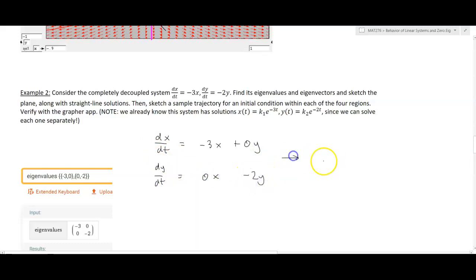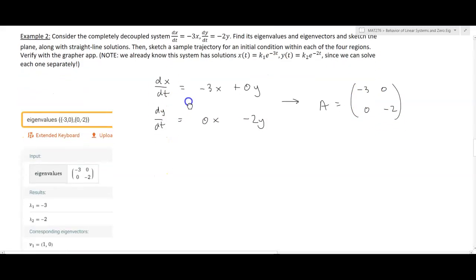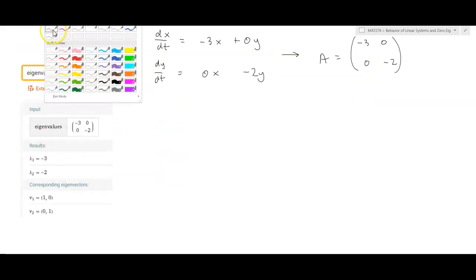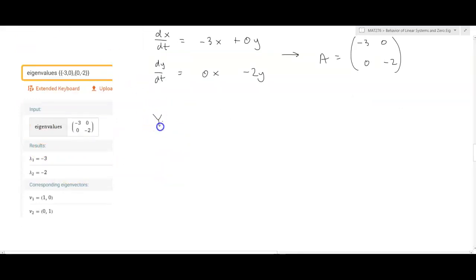And so our A matrix will be negative 3, 0, 0, and negative 2. So here is the input into Wolfram Alpha. Here are our eigenvalues and eigenvectors. So we have the solution equals k1 e to the negative 3t times v1, which is 1, 0, plus k2 e to the negative 2t times 0, 1.